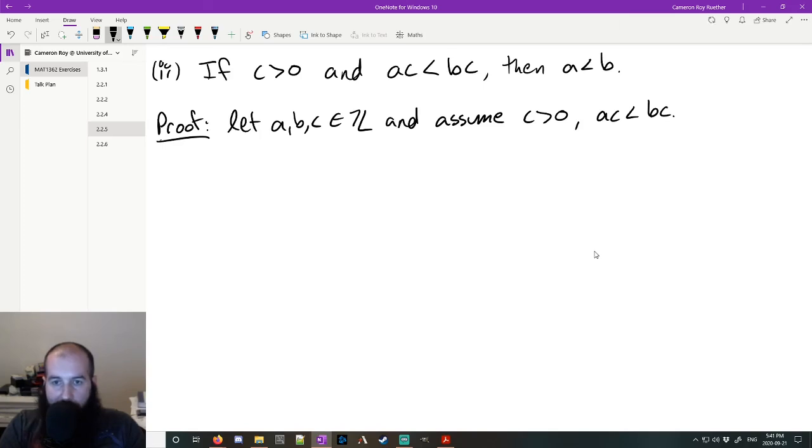We can unpack these with the definition. If C is greater than 0, it means that C minus 0, which is just C, is natural. And if AC is less than BC, it means that BC minus AC is natural.